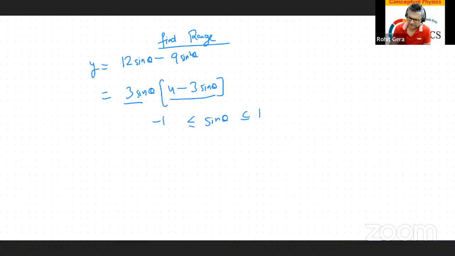Okay, multiply this by 3, then put a negative sign, then do subtraction from 4.